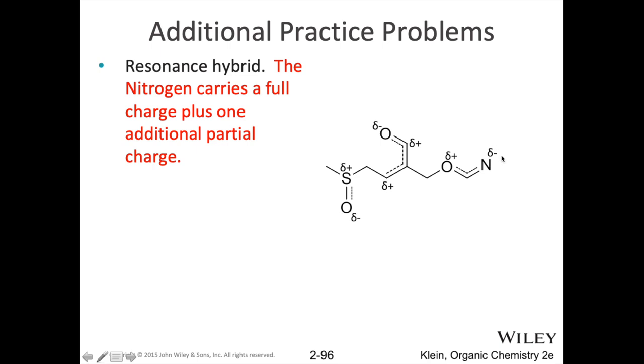Now, please note that nitrogen is listed as having a partial negative charge, but keep in mind that that partial negative charge is between a whole negative charge and having two negative charges. So even though it's listed as a partial negative, it's really sort of like a partial double negative in a way. Okay, and that's it for this chapter.